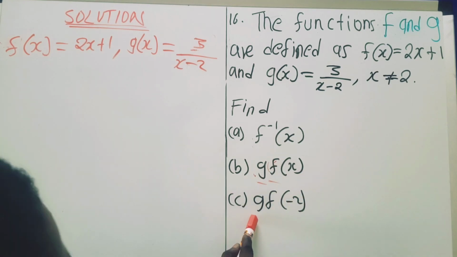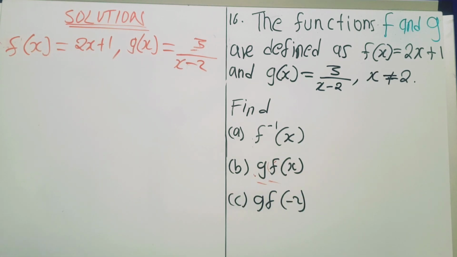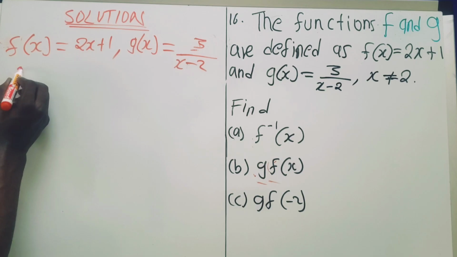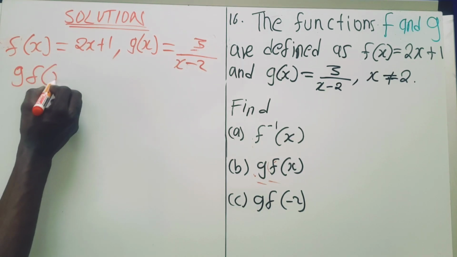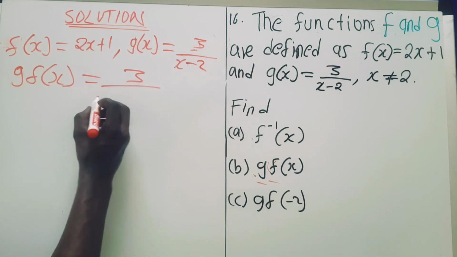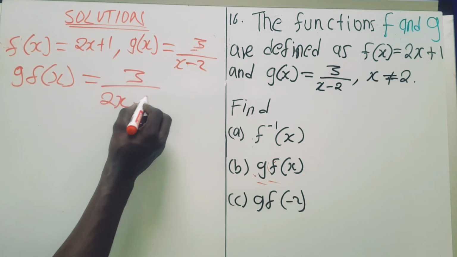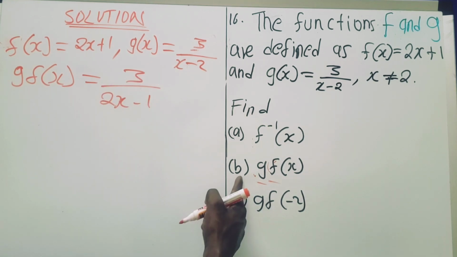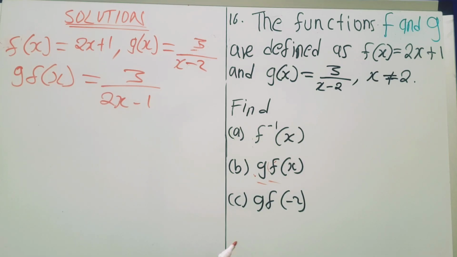Now they are asking gf of negative 2. So what was our answer? We found gf of x as 3 over 2x minus 1. The one we have just answered, this one. Now, they ask us gf of negative 2.